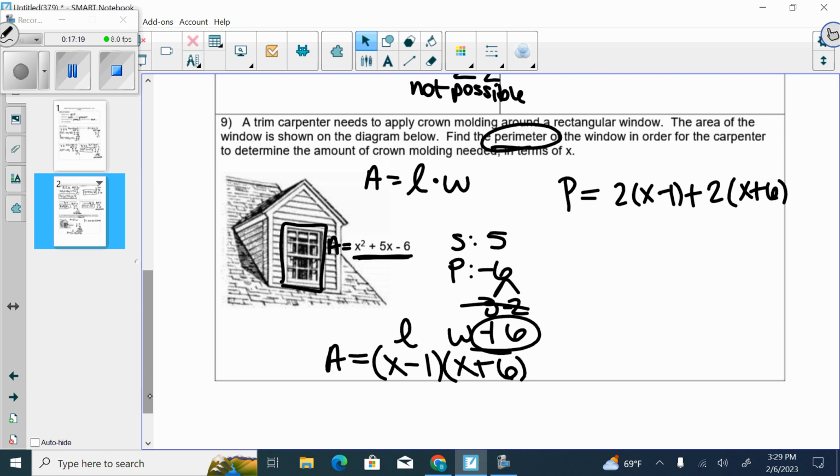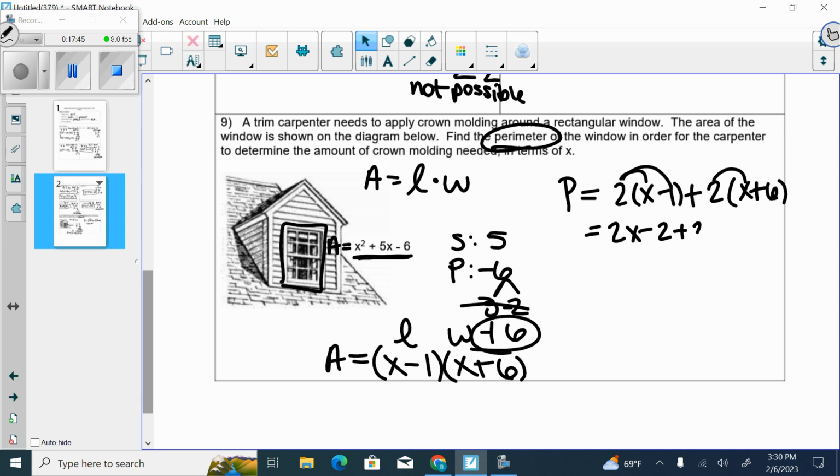Okay? So I need to simplify. What should we do first here? Yes, distribute. So what's 2 times x? Good. And I have to multiply that 2 times the negative 1, which is going to give us negative 2. Good. All right. And then I also have to distribute here too, right? So what's 2 times x?